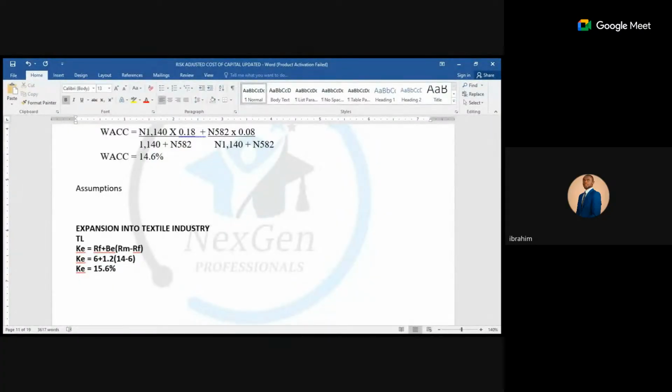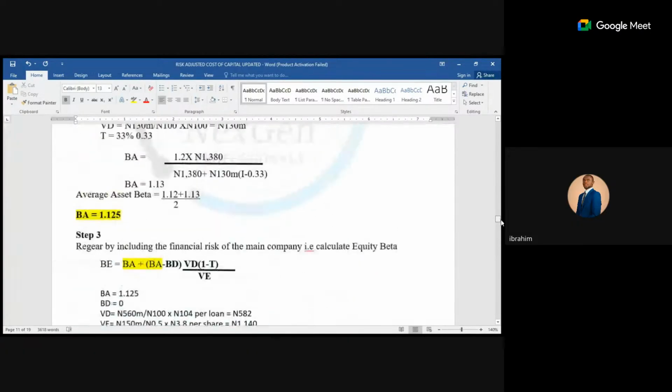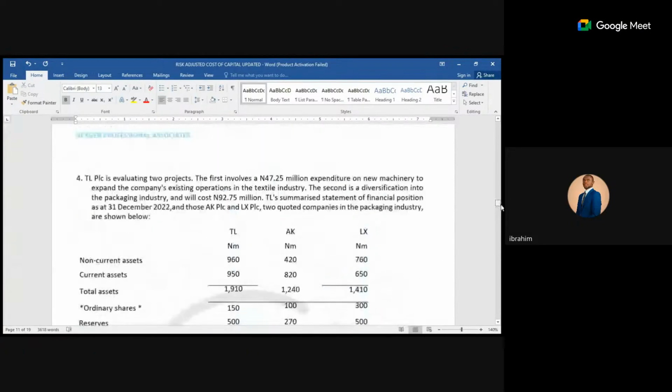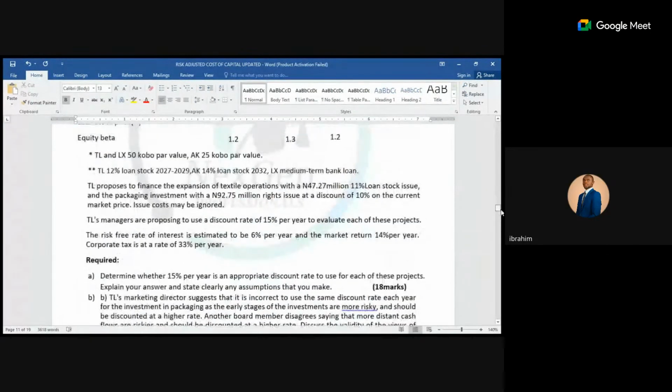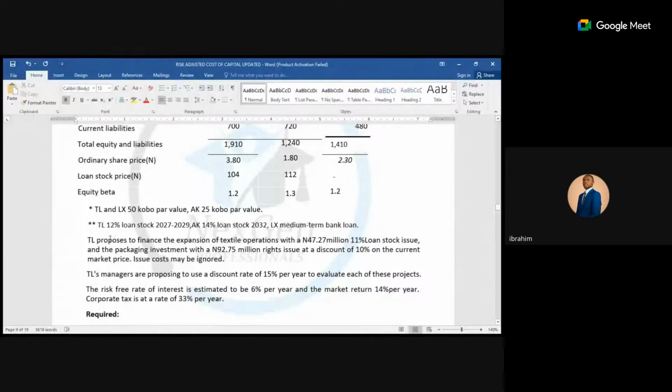Is that not so? So before we move to the weighted average cost of capital, before we calculate it, we need to determine what is the value of the textile, right? Expansion into textile. Okay, let's check. If they want to expand into textile, what did they have? Packaging investment.